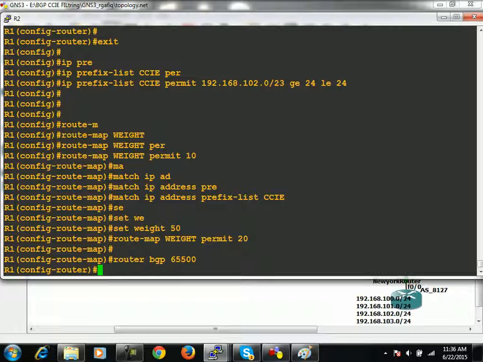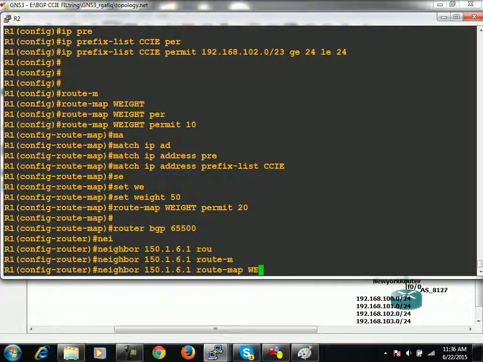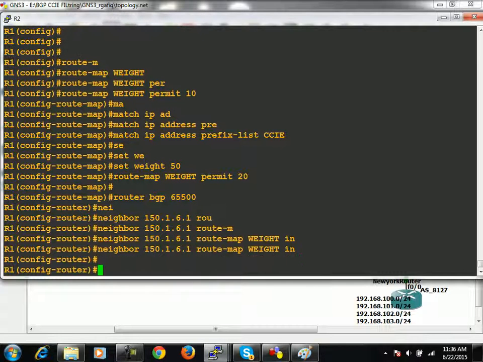So you do one thing, apply it for neighbor R6. The route map name was weight. In which direction, in or out? These prefixes are incoming prefixes for R1 or outgoing? In. Simple.